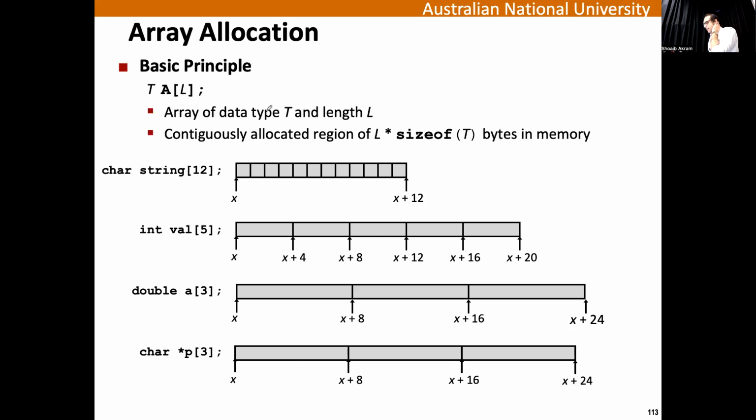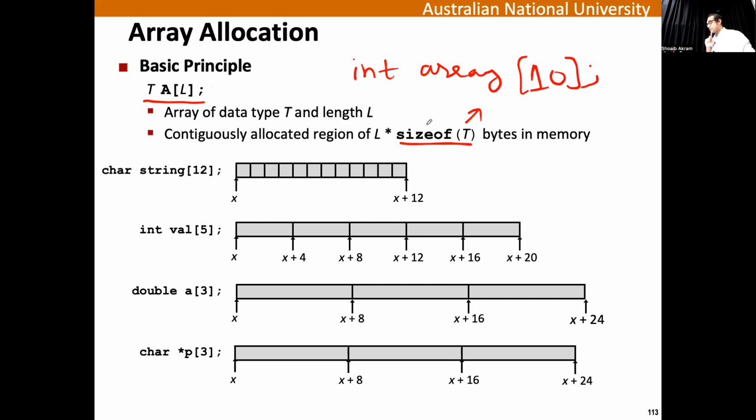Okay. So you have looked at arrays in the lab. You have a data type, int, array of a specific length, and all that. And the sizeof operator gives you the size of a specific data type. Okay, here's a question.